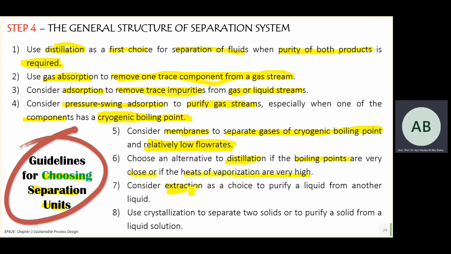Extraction also can be used to purify a liquid from another liquid. And crystallization mainly to separate two solids or to purify a solid from a liquid. Crystallization, the product is always in solid form.